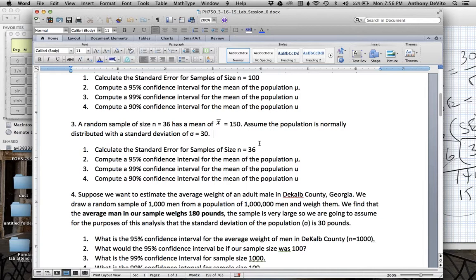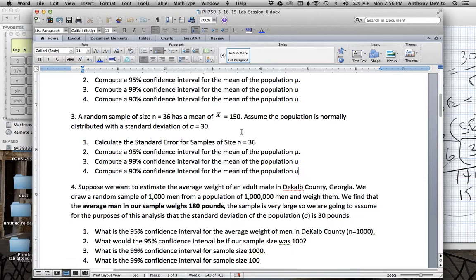Sigma over the square root of n. Anybody got a guess on it? Should be pretty easy, right? 5, right? It's 30 divided by the square root of 36, which is 6. 30 divided by 6 is 5.